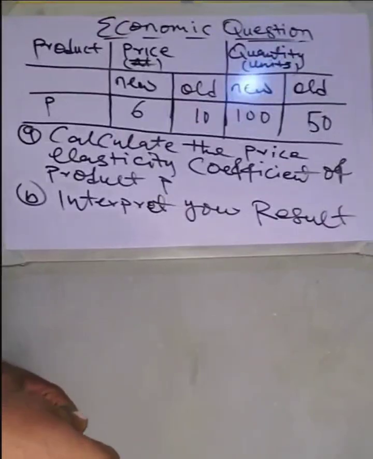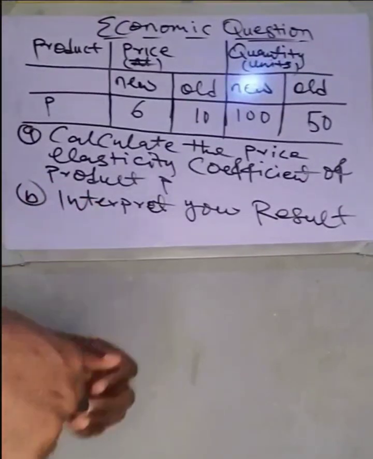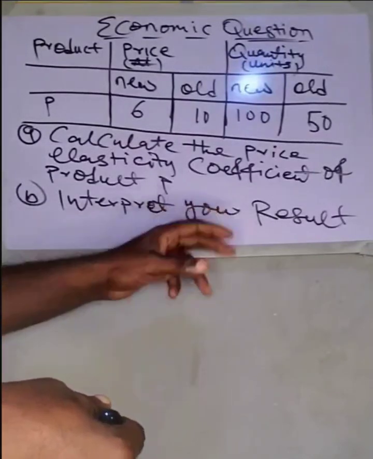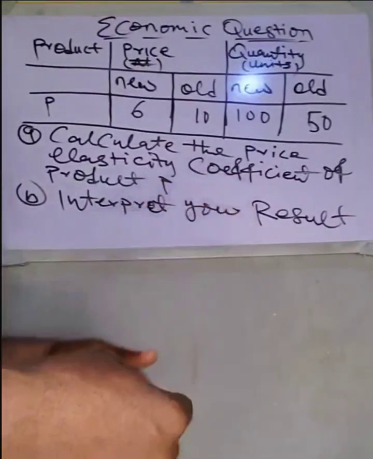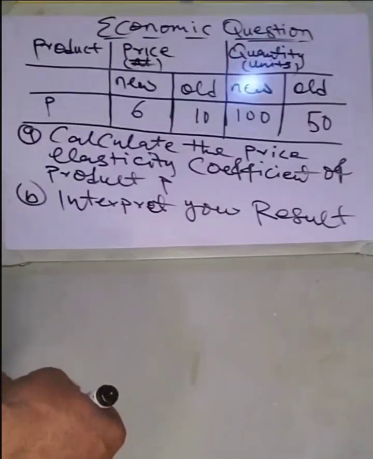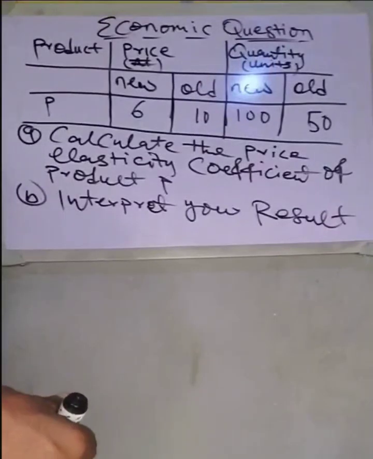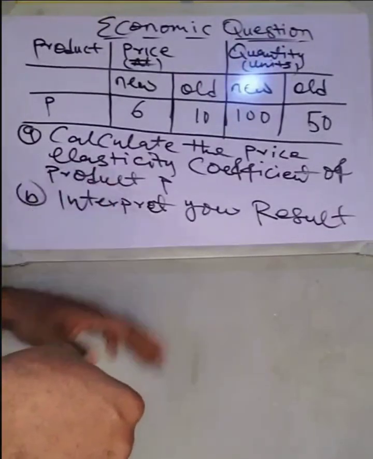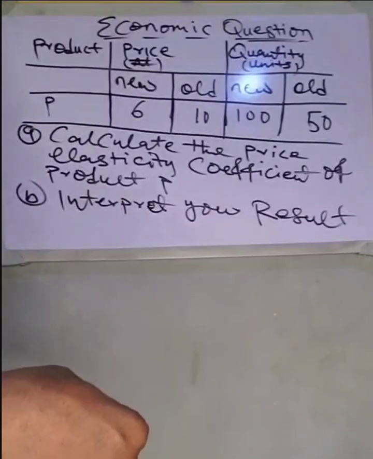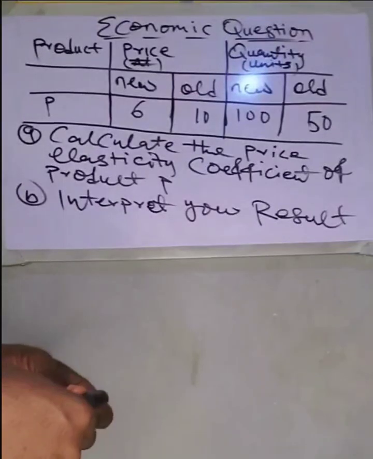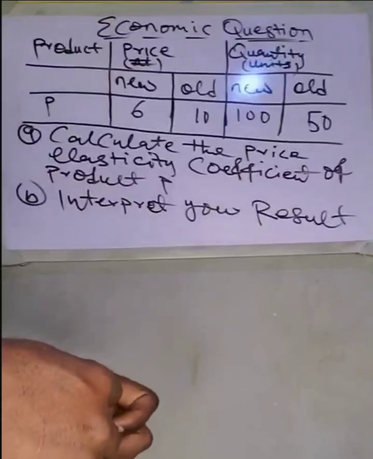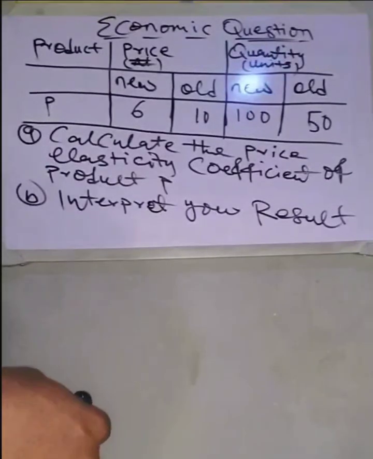To interpret your result here means to know whether your final answer is elastic, whether your final answer is inelastic, that's a fairly inelastic, whether your answer is unitary, that is PED is equal to 1, whether your final answer is perfectly inelastic, whether your final answer is perfectly elastic.